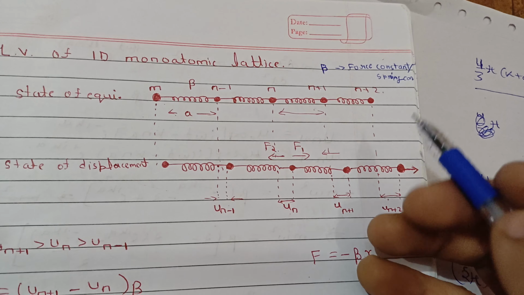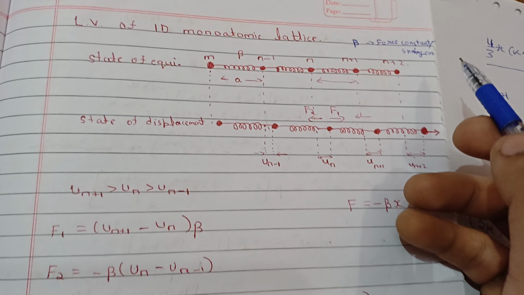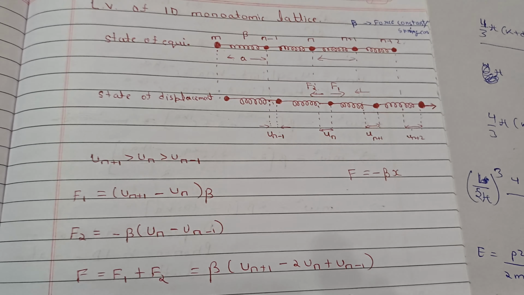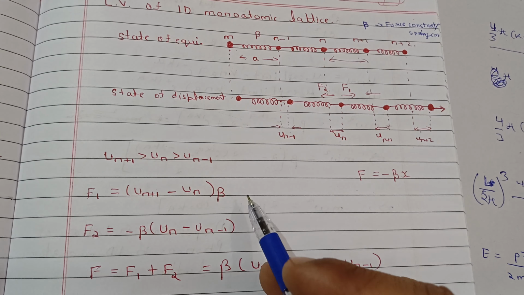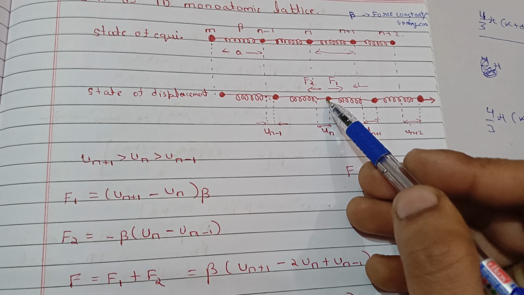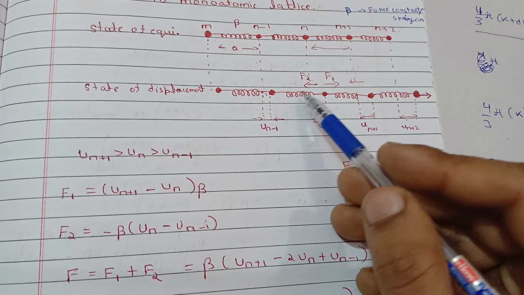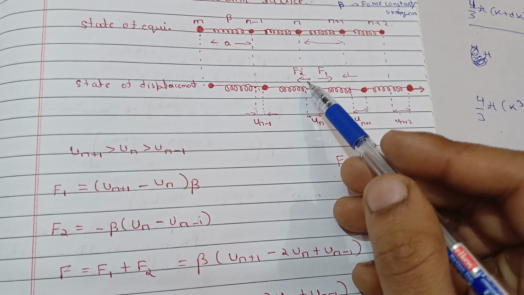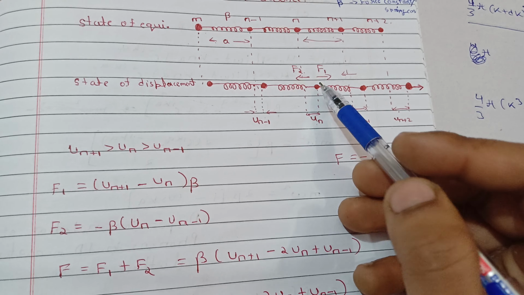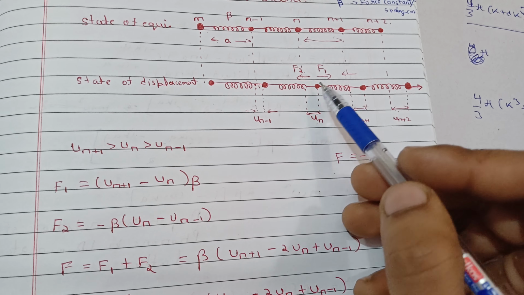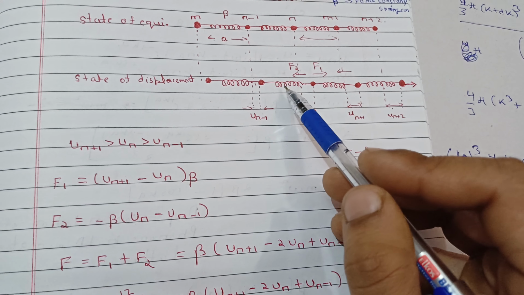Beta is nothing but the force constant, or spring constant. Like the spring constant, we have the force constant here, which we call beta. On the same particle there is another force, F2.